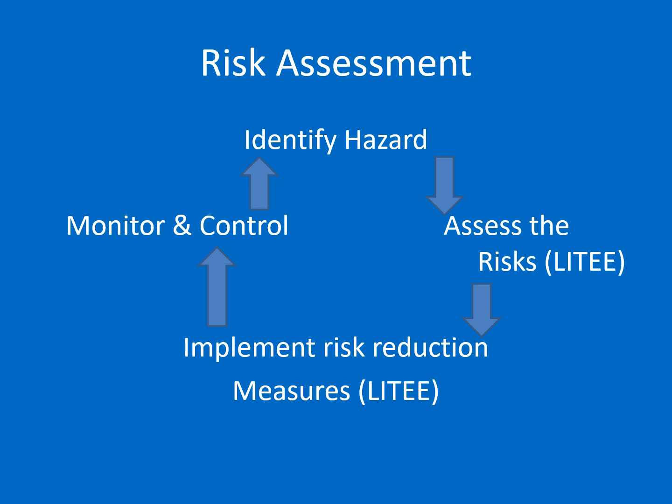In regards to moving and positioning service users, we use a specific risk assessment framework, which is called LITE. Each letter represents a certain aspect of the movement that needs to be assessed.